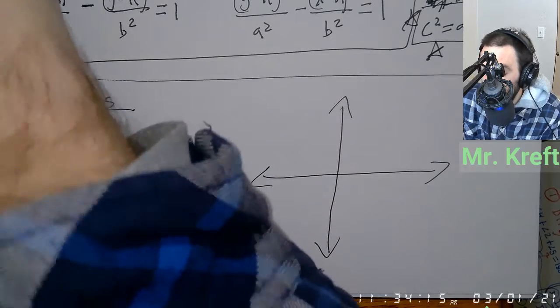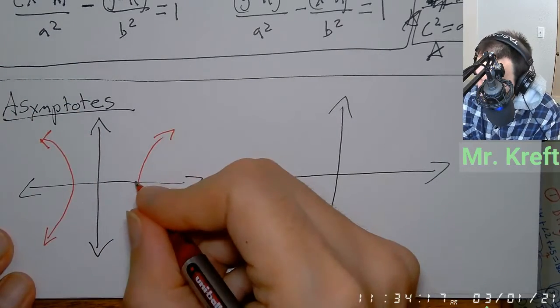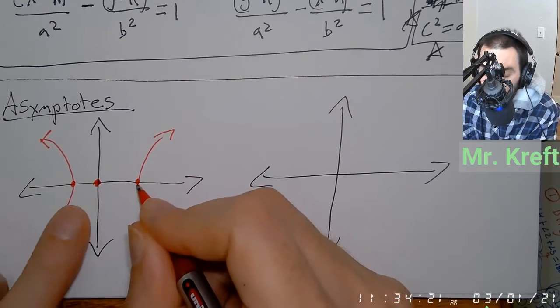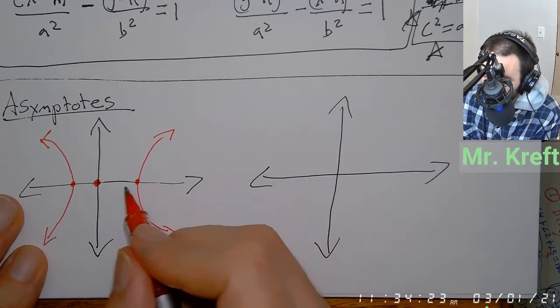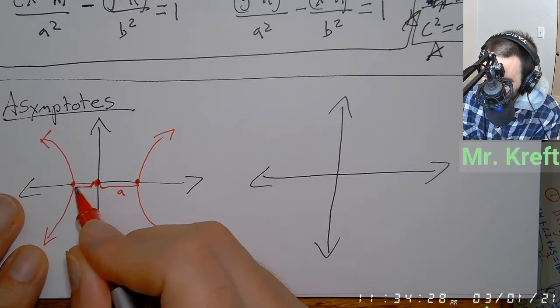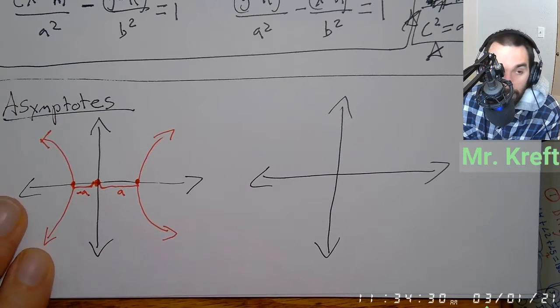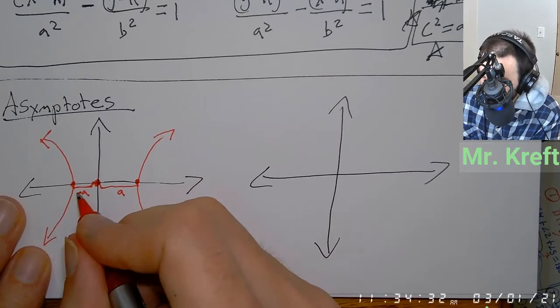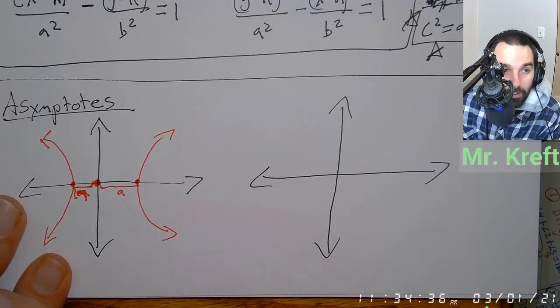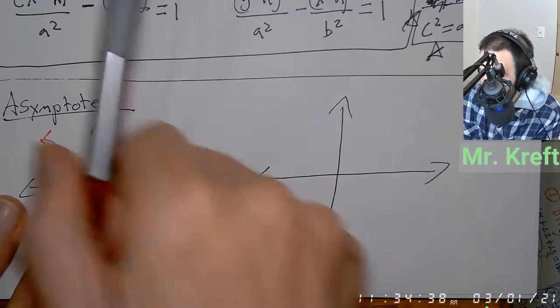Okay, I want to highlight a couple of really important points. Okay, so we have your vertexes and you have this. Now, I didn't draw this very well, but this is your A, and this is also negative A. And I shouldn't do that. I should say it's the absolute value of A. Okay, so that's a distance A.